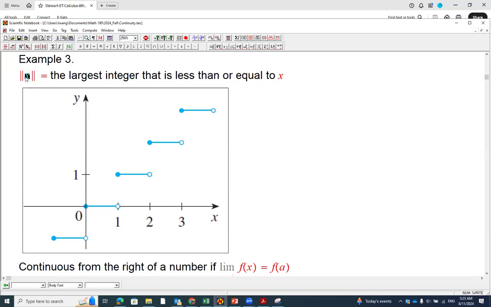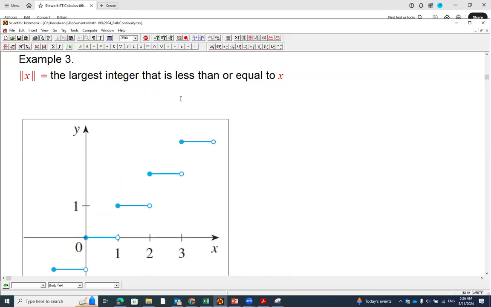And x is in between double bars on both sides. How is this function defined? Well, this function is defined as: for any input, the output is the largest integer that is less than or equal to x. Okay, let's see a couple examples.